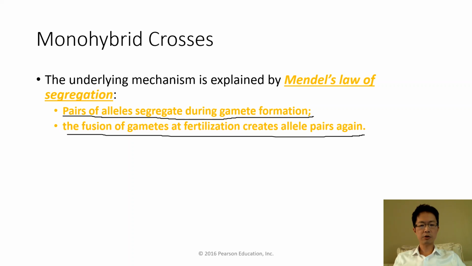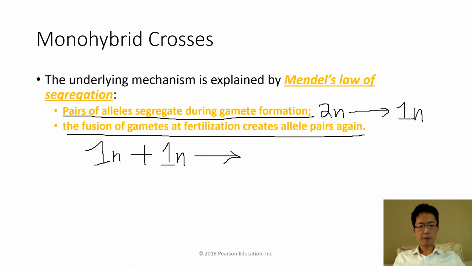Okay, let me tell you this in terms of math. So basically, this is the 2N. That means a pair of alleles. They become 1N. 1N is the gamete. Now, when you have 2 gametes, the sperm fertilizes an egg, you become a pair of alleles again.